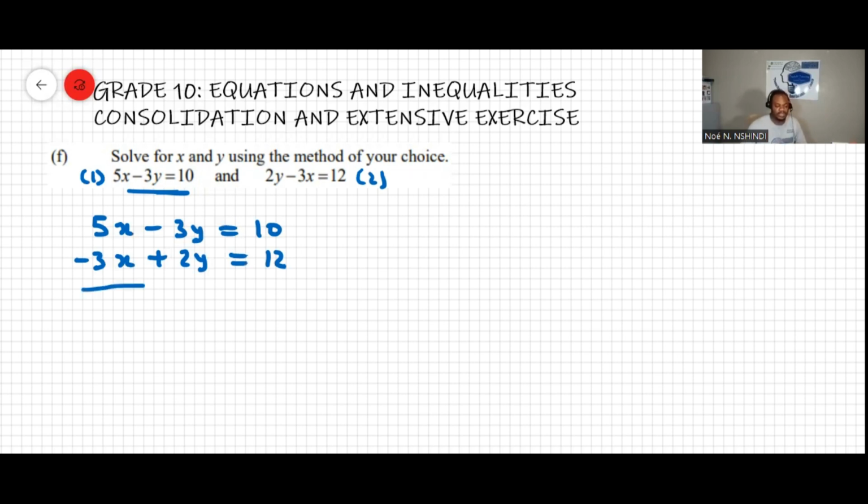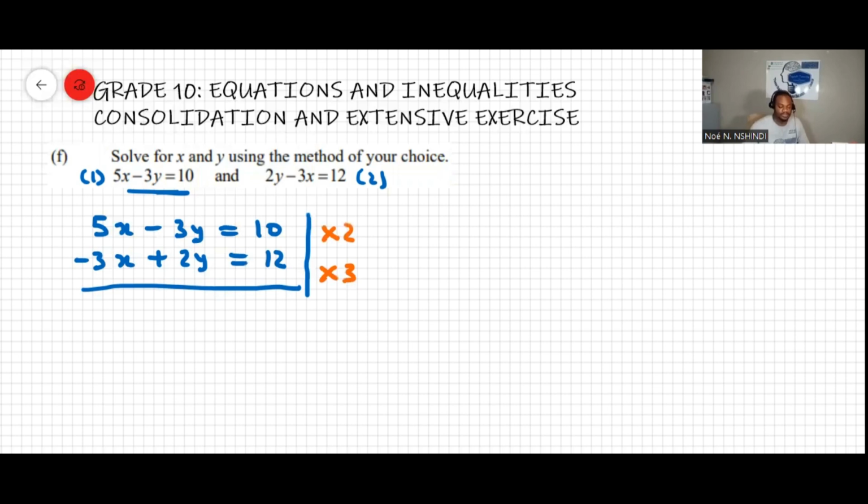Now I want to eliminate a variable. I prefer to eliminate y. They need to have a common value here. I need to find the LCM for 3 and 2, which is 6. So to get 6, I must multiply here by 2, and there by 3.